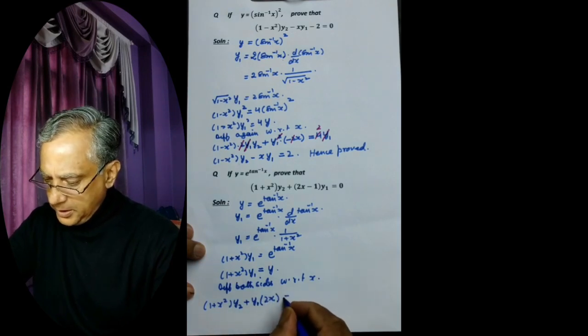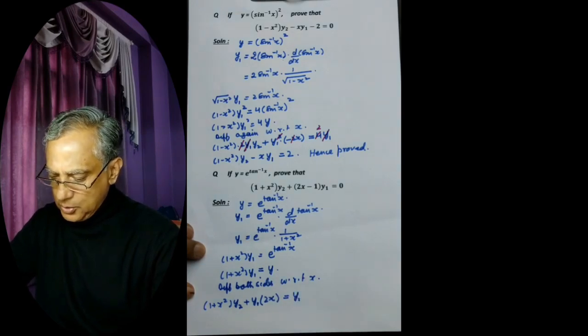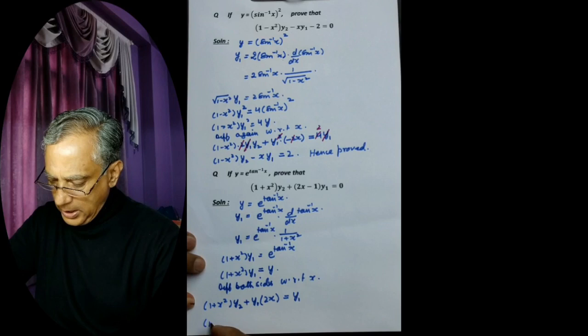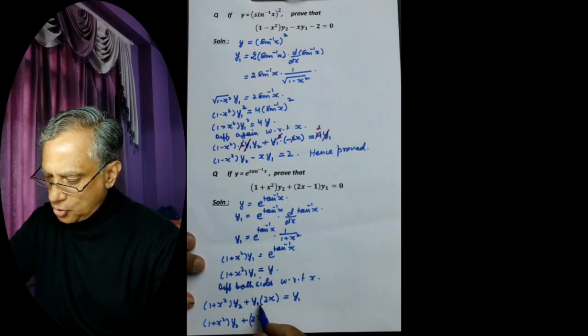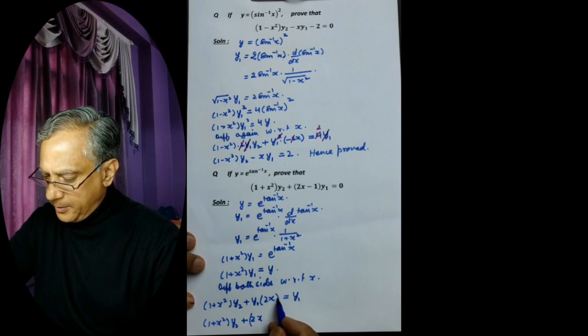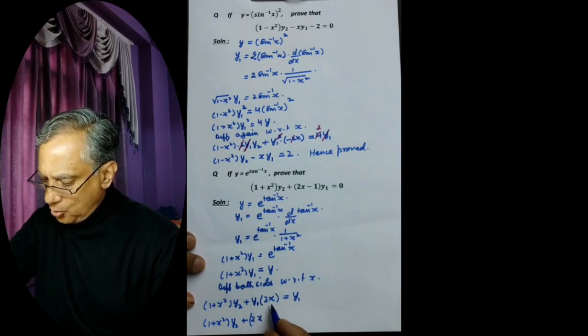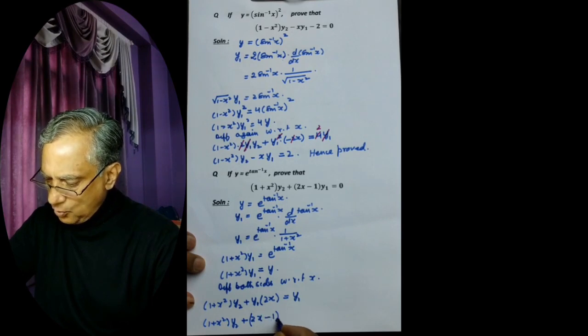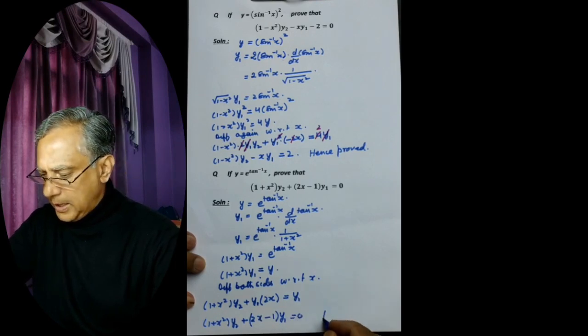This must be equal to differential of y, which is y1. So what we get is 1 plus x square into y2 plus 2x y1 minus y1. y1 is common. This term can be taken to this side, and what we get is y1 into 2x minus 1. This must be equal to 0, hence proved.